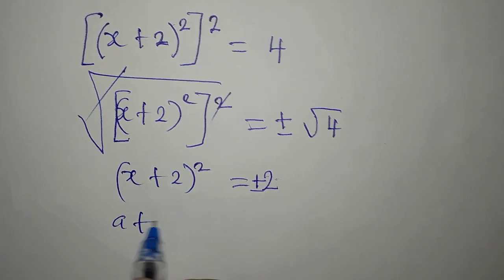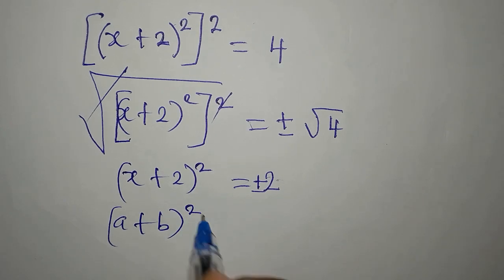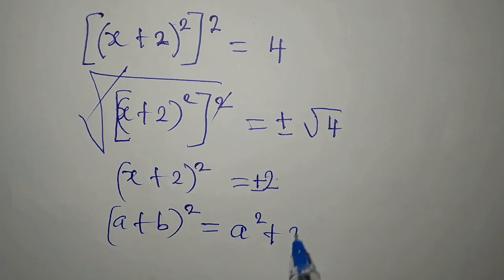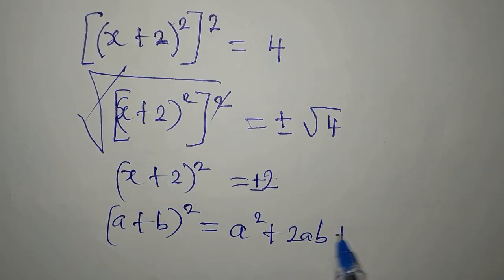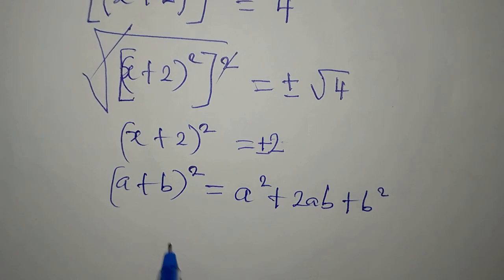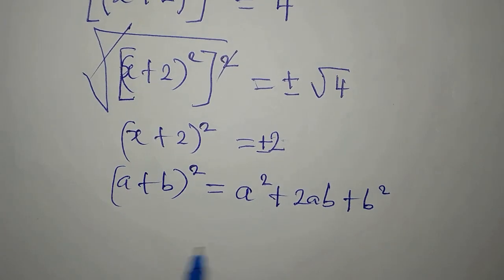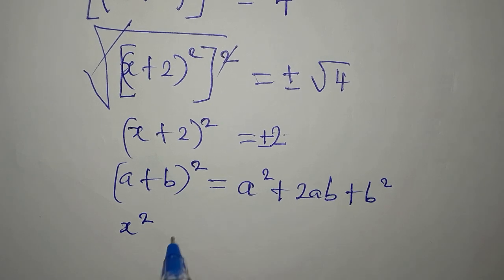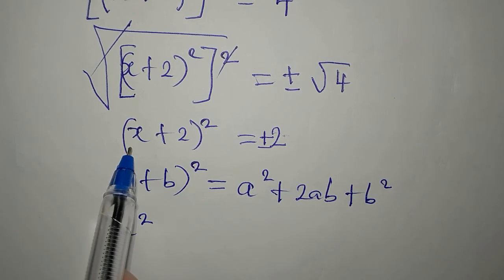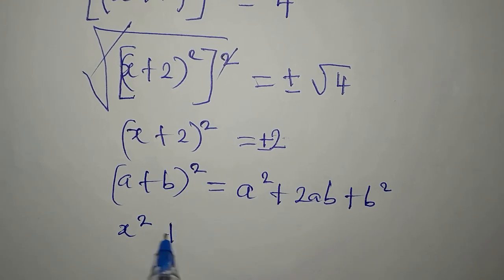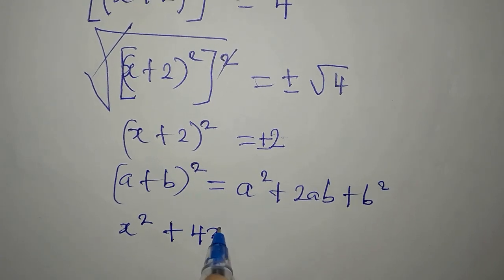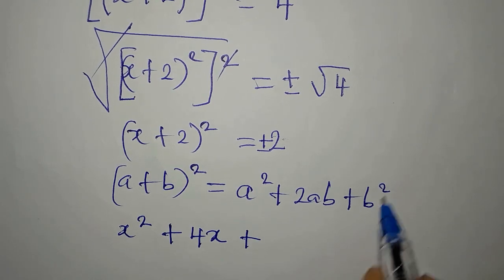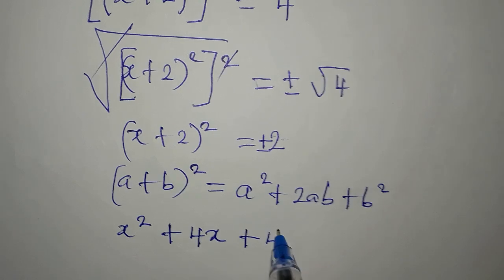If you have (a + b)^2, this is the same thing as a squared plus 2ab plus b squared. So this means that this is going to be x squared, then 2ab will be 2 times x times 2, that will give us plus 4x, then plus b squared, that would be 2 squared, and it's still 4.